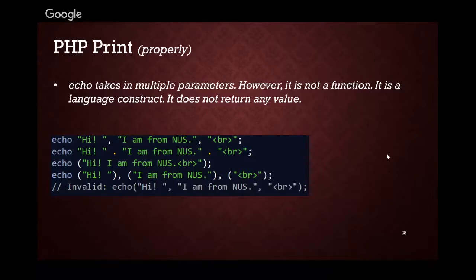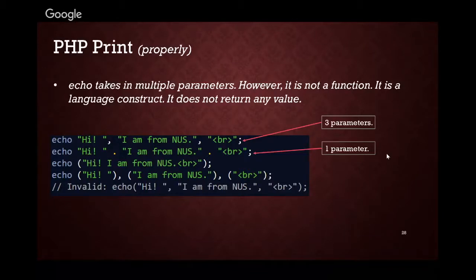So if you echo this thing, and this thing, they will echo each one of them. But if you echo this thing, dot this thing, and then dot the other one, there will be only one parameter, which means they will concatenate the 3 strings together into one longer string. Then the whole string will be printed.